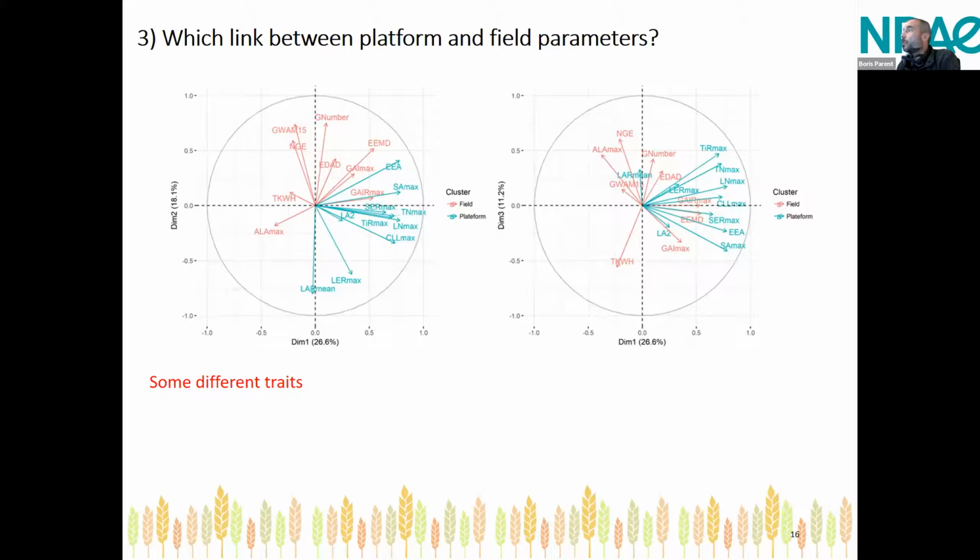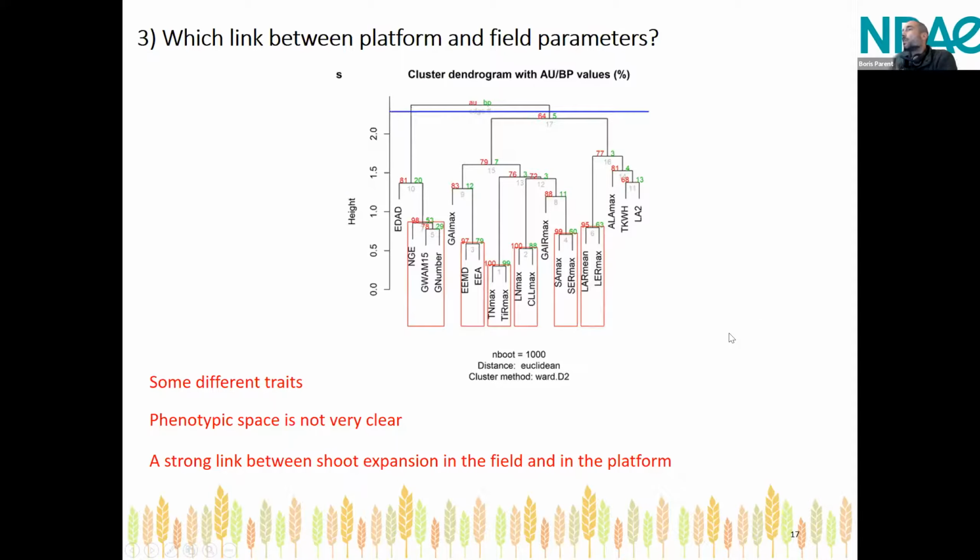But if we look into details, there's one correlation which appears quite clearly: the correlation between everything related to growth in the platform, so shoot area, shoot expansion rate, maximum number of tillers, etc., and GAI, green area index in the field, the rate of progression of green area index in the field, and its maximum value, etc. It also appeared when we did a clustering of all these variables: the rate of progression of green area index in the field is in the same cluster as shoot expansion rate and maximum shoot area in the platform.